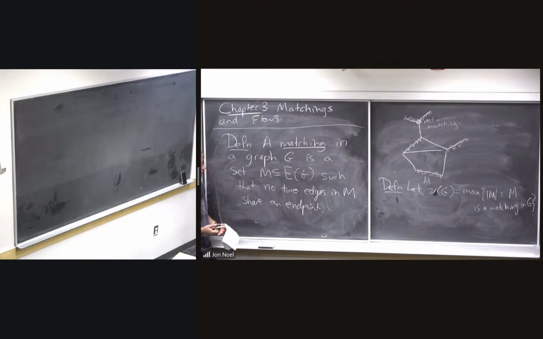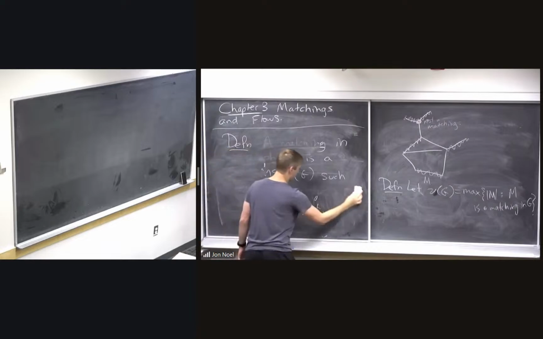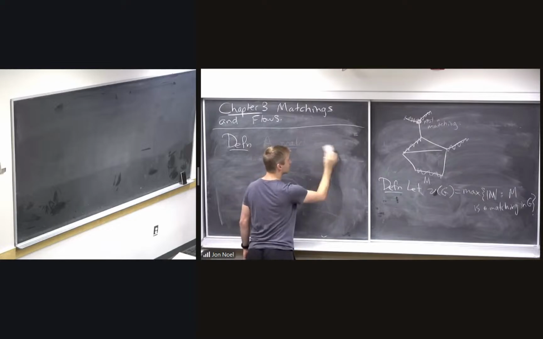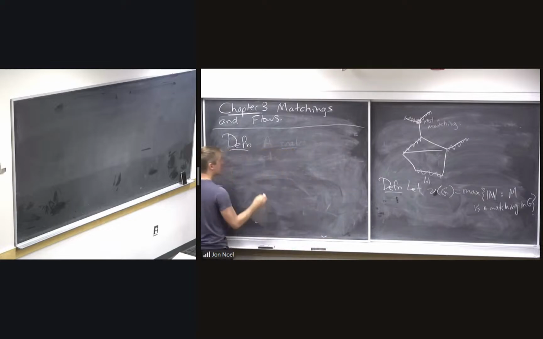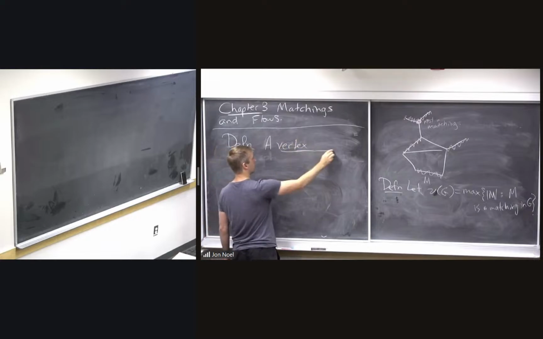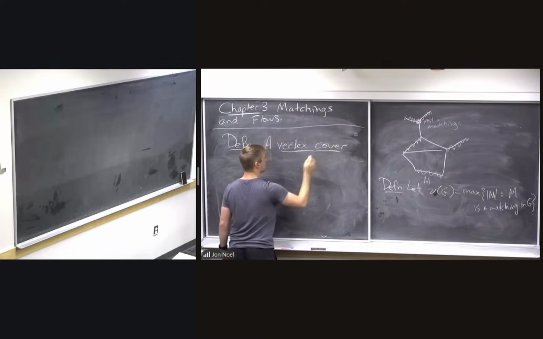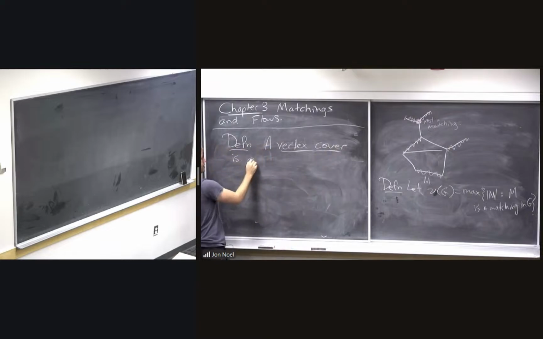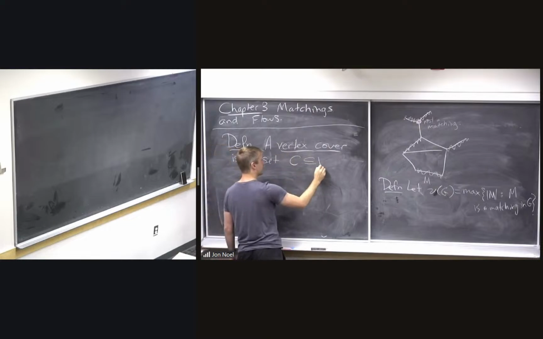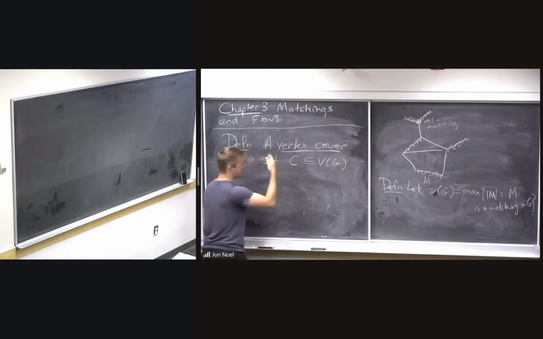Okay, so then there's this closely related concept of a vertex cover. I know I already defined this as well, but we didn't really go into it deeply. So a vertex cover is a set, let's say C, of vertices of the graph. So let G be a graph.